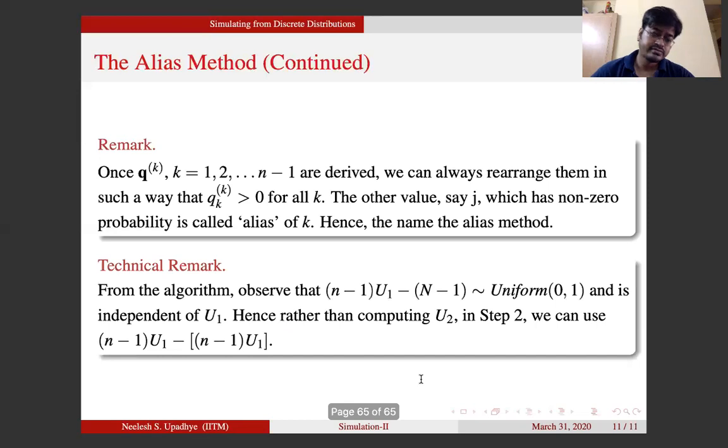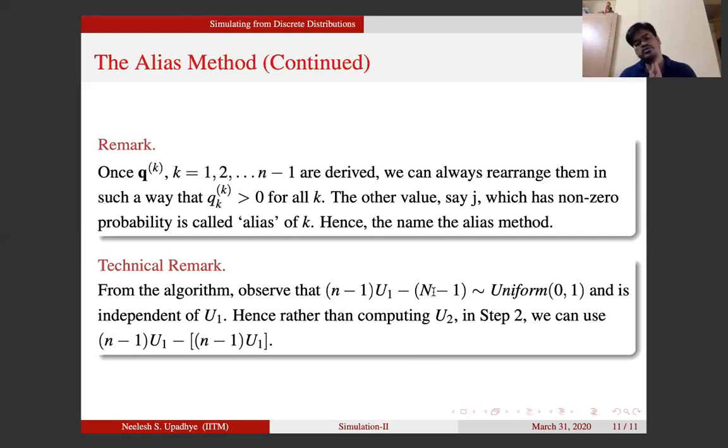Okay. Another technical remark, how you can improve. Observe that you are actually generating two uniform random variables. When you are generating the first uniform random variable, that is u1, you can also consider (n minus 1) u1 minus N. As I have already mentioned, capital N is uniform on 1 to n minus 1.